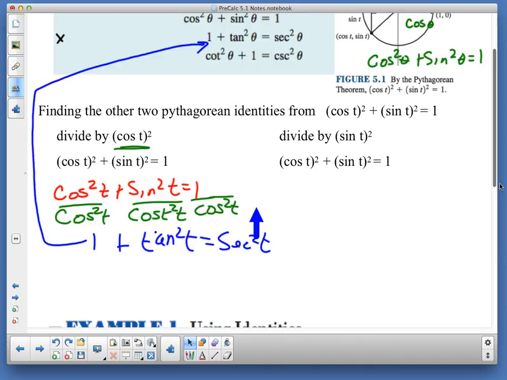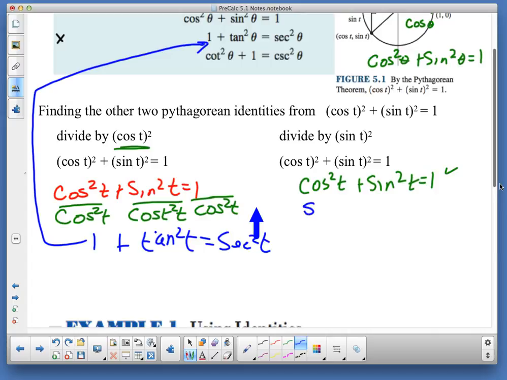When I take this next one, remember again, cosine squared t plus sine squared t equals 1. That is the basic Pythagorean theorem, one of the Pythagorean trig identities. I'm going to divide this one, however, by sine squared t and see what happens.